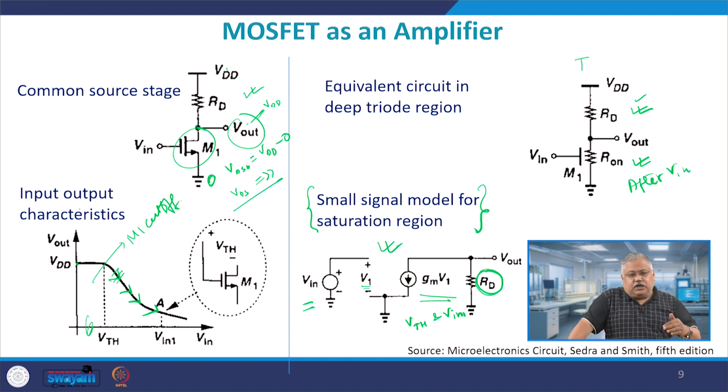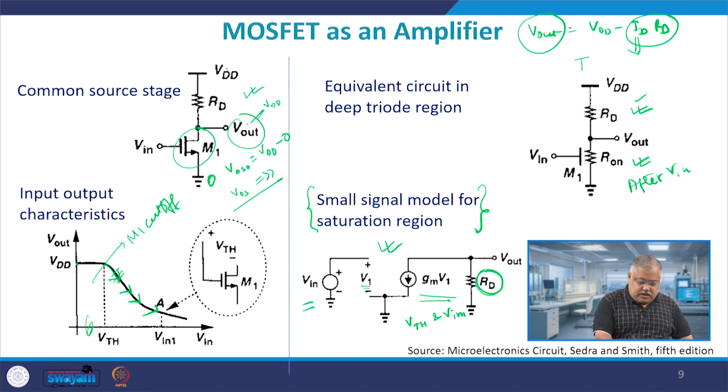And therefore, you see when you are in the saturation region, since the current drawn is very large, my V out which I had already referred to as VDD minus IDRD, if the ID is very large, then this quantity will be very large and the V out fall will also be very large. So, you see a steep fall taking place here, and then it sort of saturates and becomes much lower after V in 1, right.